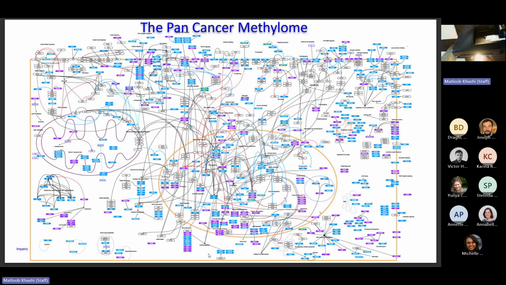So the reason we picked methylation changes is because it's one of the earliest things that happen in a normal cell on its journey to a cancer cell. So it's like a really good early indicator of what's going on. Diseases like diabetes, I think, have a similar process.